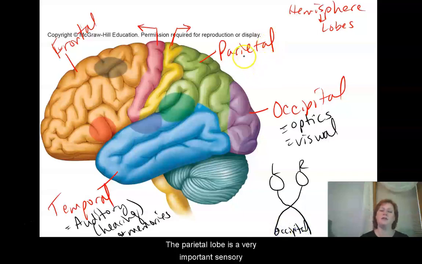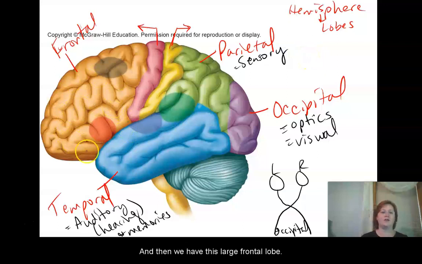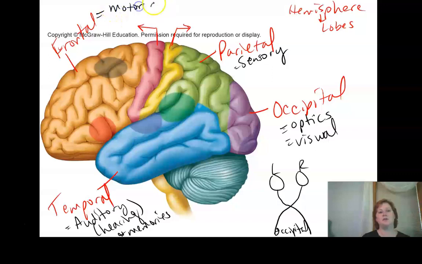The parietal lobe is a very important sensory part of your brain. So it helps you with things like touch and taste sensation. And then we have this large frontal lobe. This one's going to be busy. It's going to be for motor control. And remember, this is my thinking brain, the whole thing. So this is conscious control of motor actions.